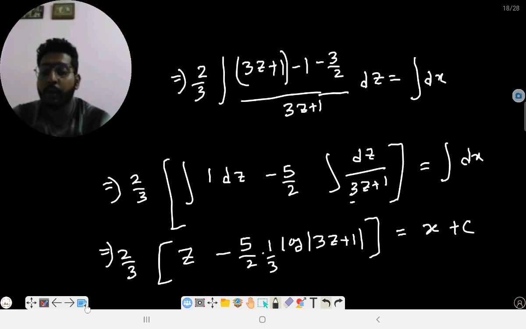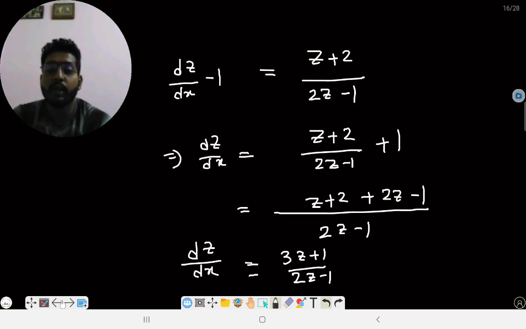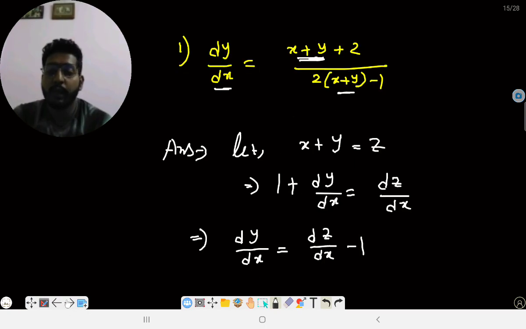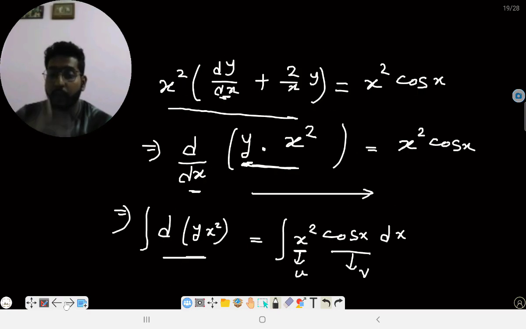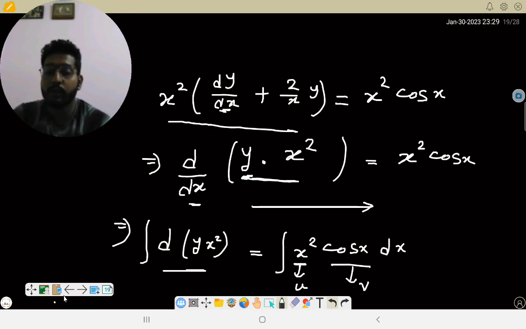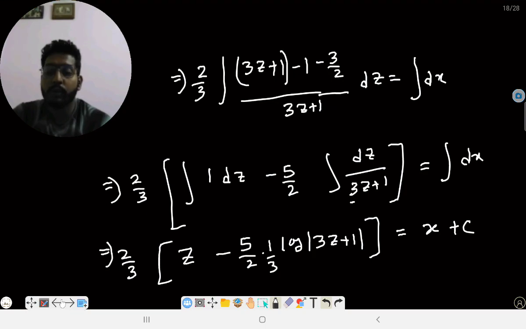Now you have to put the value of z. What is the value of z? The value of z was x plus y. So here you have to put the value 2 by 3.